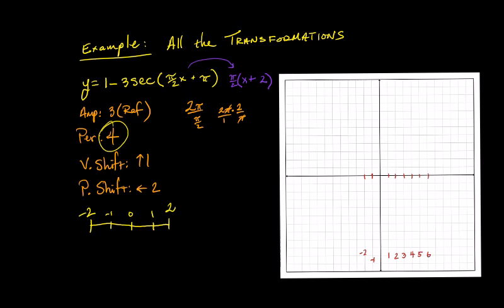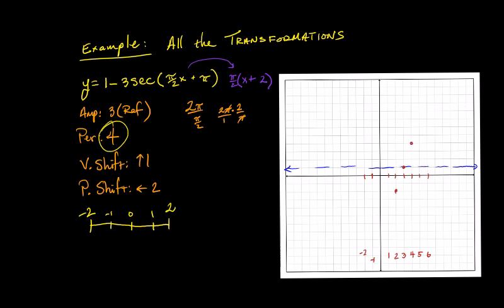Plot some points. Well, let's get our midline in. It's moving up 1. Okay, it's moving up 1, and then we're going to plot some points. Remember, cosine is going to start up the amplitude normally, but since it's reflected, I'm going to start down the amplitude.